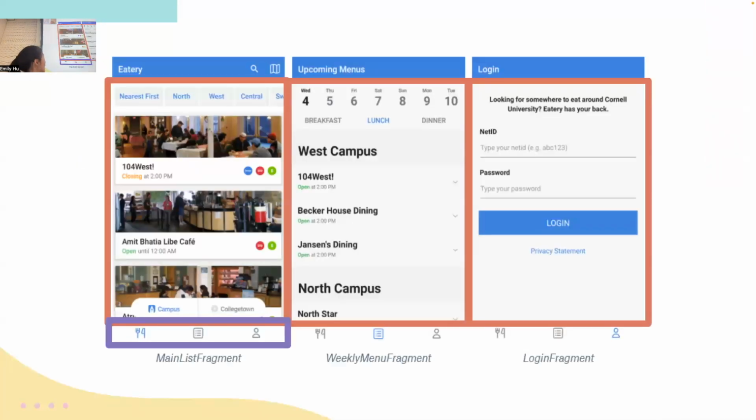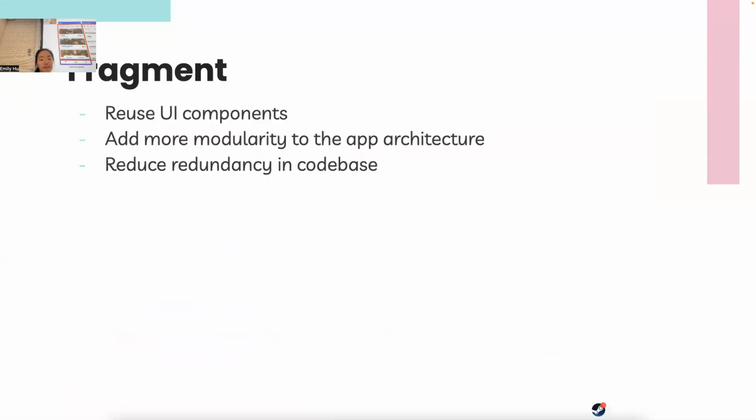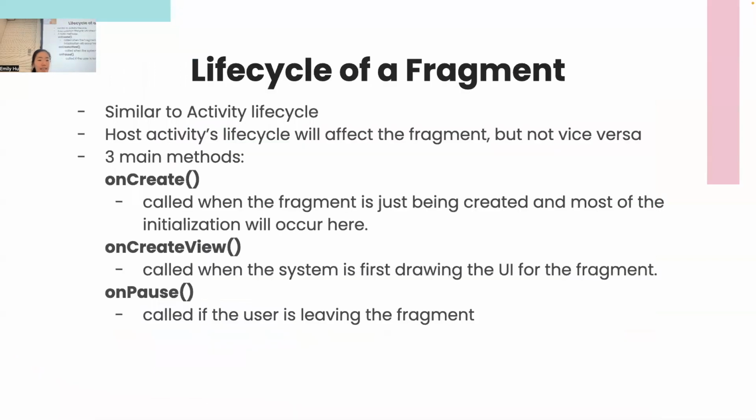In this case for Eatery, it would be the red outline, creating that space to put a fragment in. And then onPause is called if the user is leaving the fragment. For example, if you click through the bottom nav bar to the next screen, then the fragment you were just on would go through onPause. Does that make sense? It's very similar to an activity lifecycle.